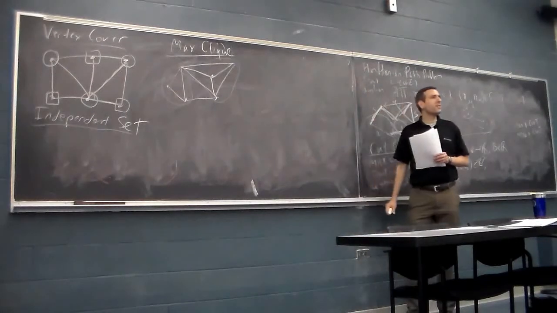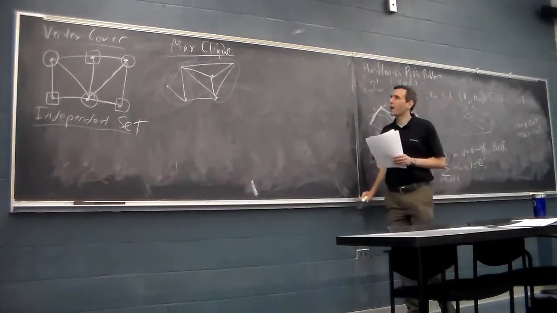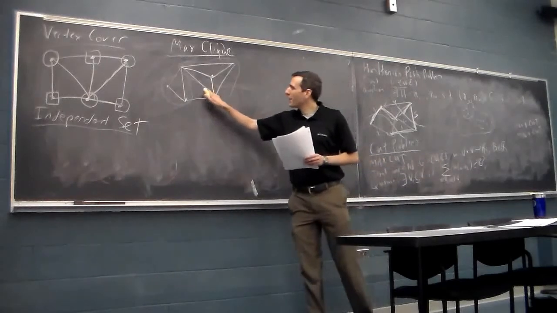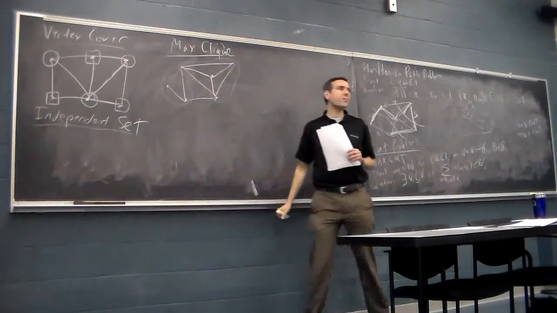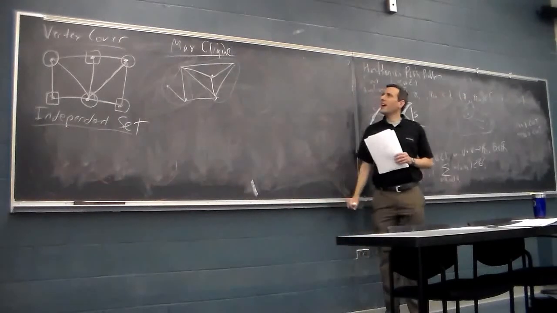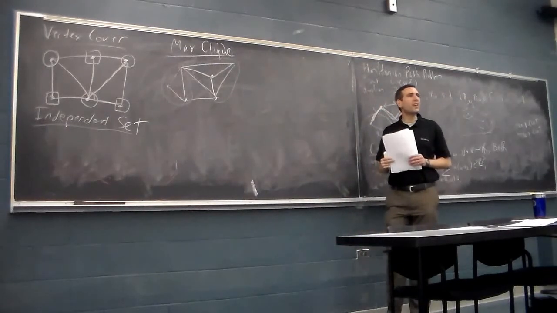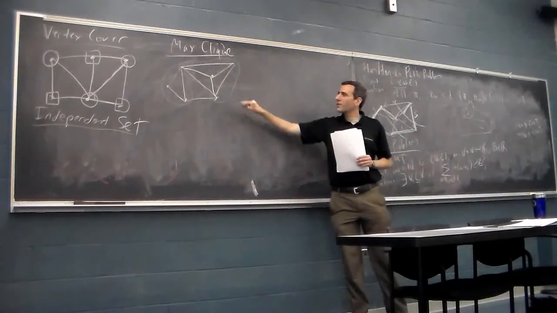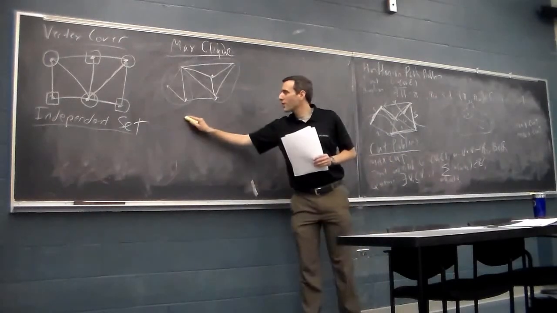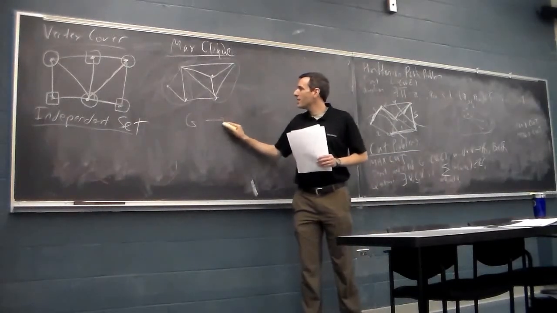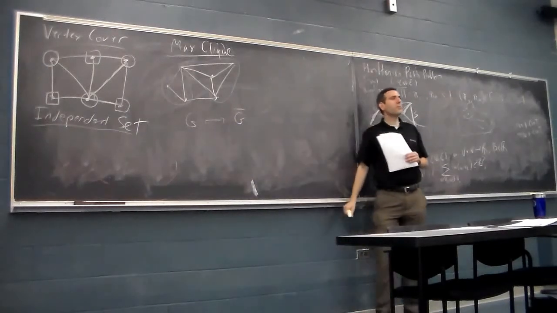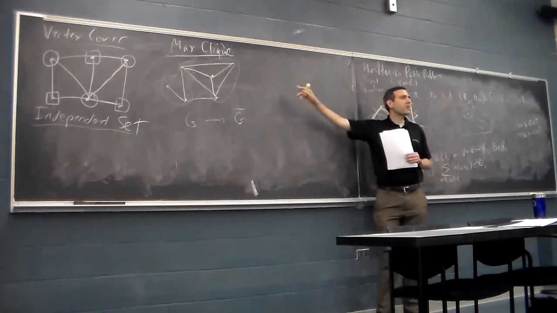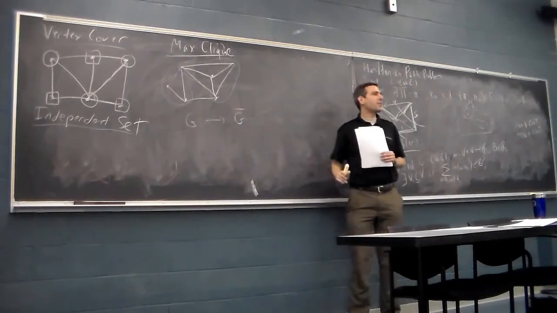Now I mentioned that this is related to these other two problems, and the transformation is not quite so obvious as the transformation between vertex cover and independent set. If you want to see how max clique is related to these, you have to think about the complement graph. So the transformation from the graph G to its complement, what we can call G bar. The complement graph is the graph with the same nodes as G, but the opposite edges.